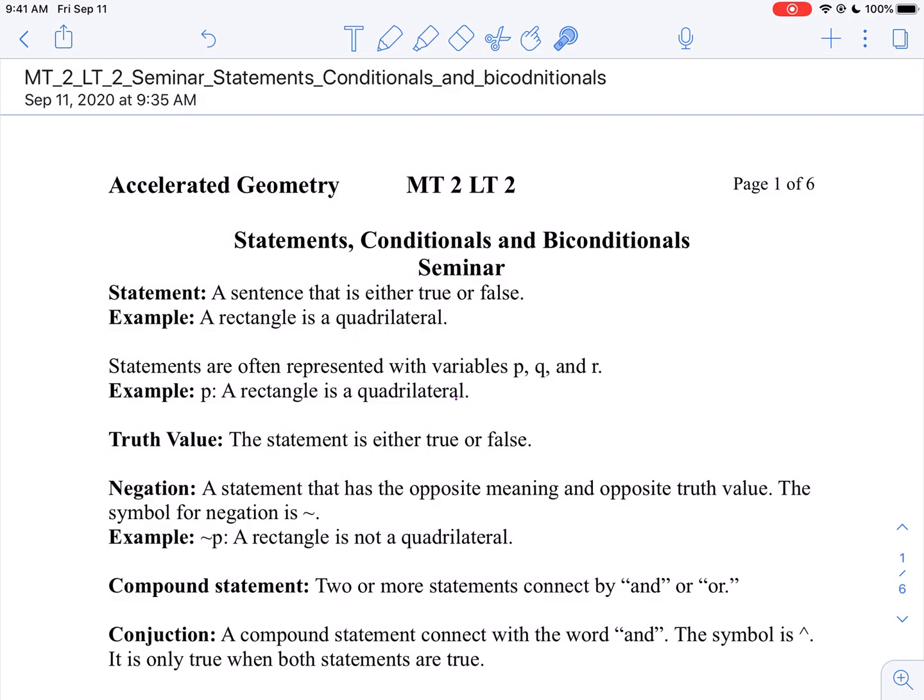A negation of that would be a rectangle is not a quadrilateral. A lot of times we put in the word not or we take out the word not. Symbolically, we put a tilde in front of it. So if you see tilde P, it means not P.